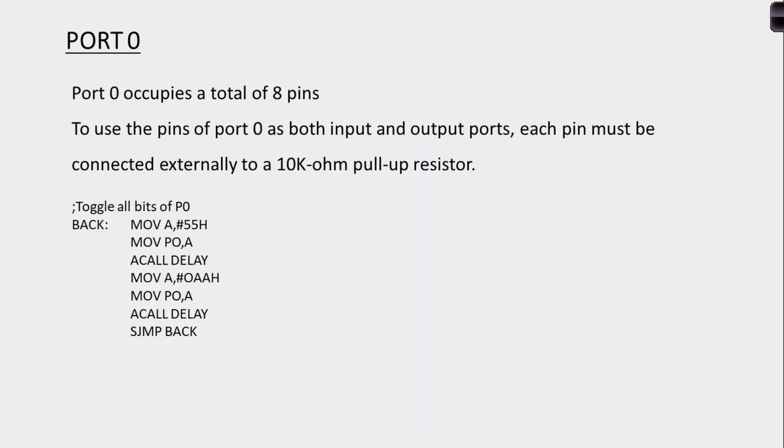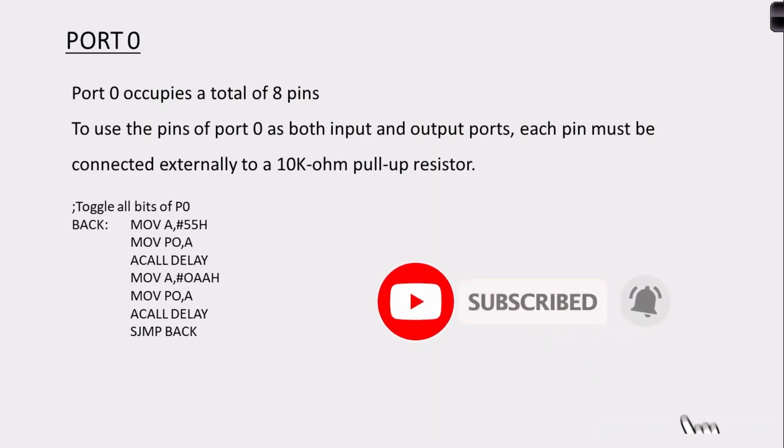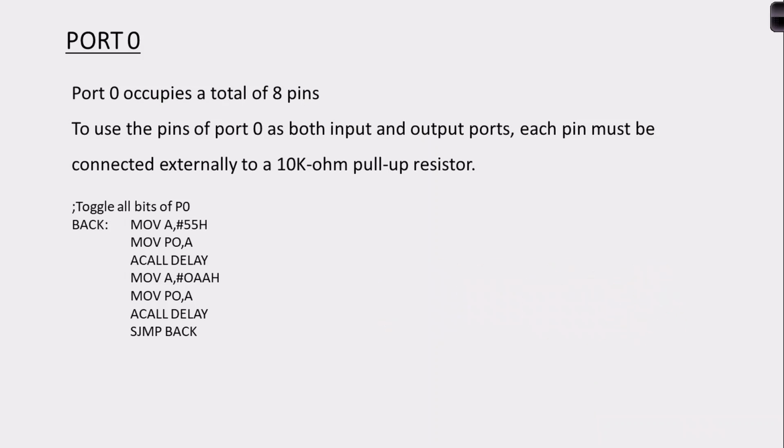That means whenever I want to use port 0 as input port and output port, these pins should be connected to a 10k ohm pull-up resistor. We'll see why we go for these pull-up resistors in the future slides.